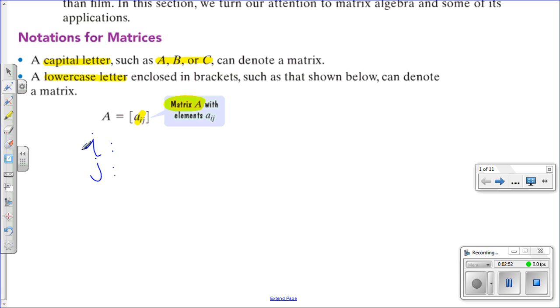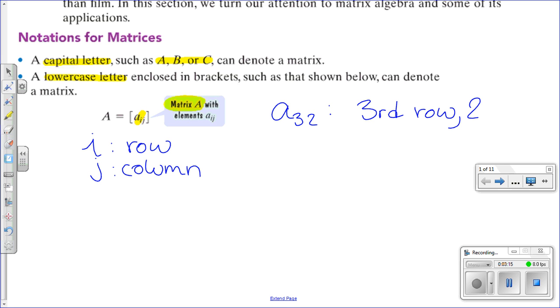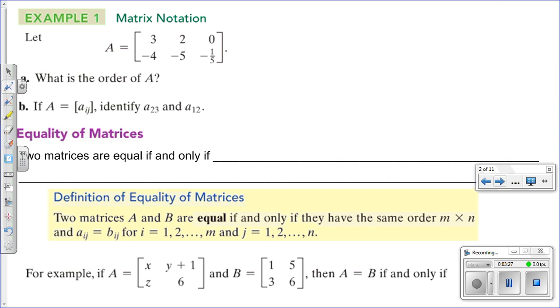So i represents the row, and j represents the column. Let me give you an example. If we have something such as a_32, not thirty-two, that means that entry is located in the third row and second column. So let's go to the next slide.